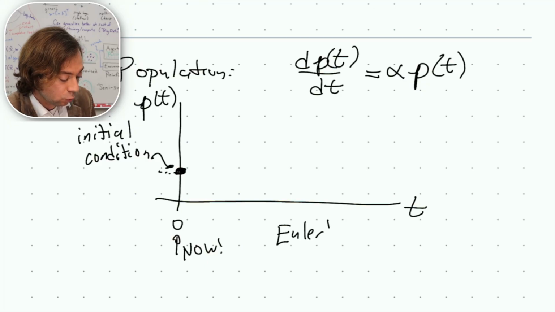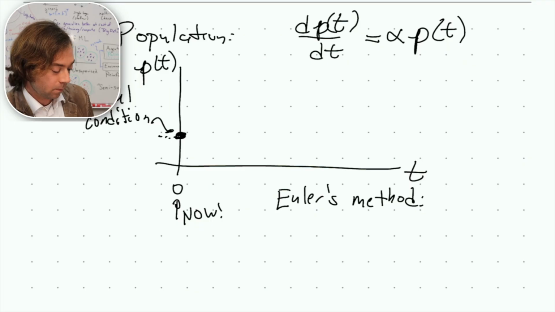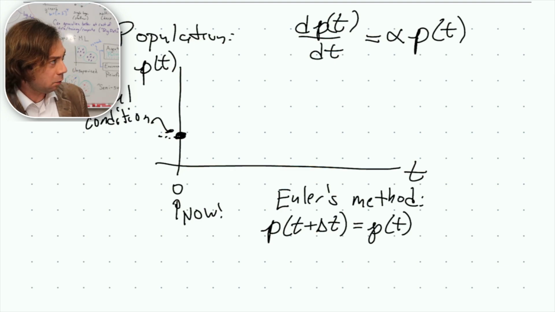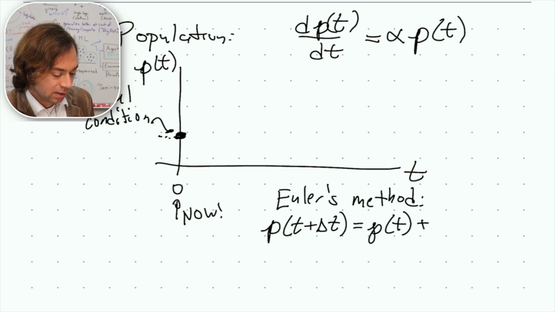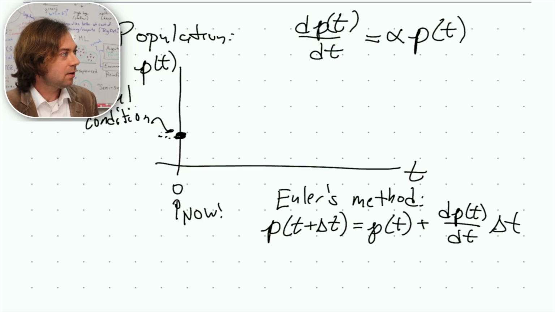We're going to say, hey, the next time step, P of t plus some delta t, is going to equal P of t, the current population, plus the rate of change of population, times this tiny delta t, right?